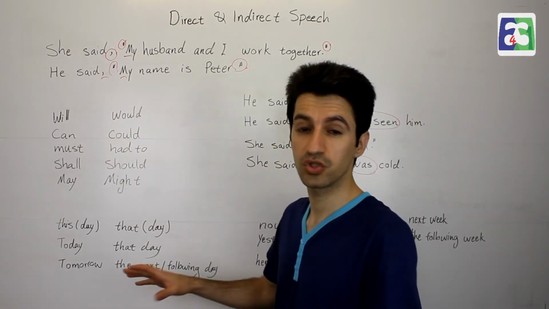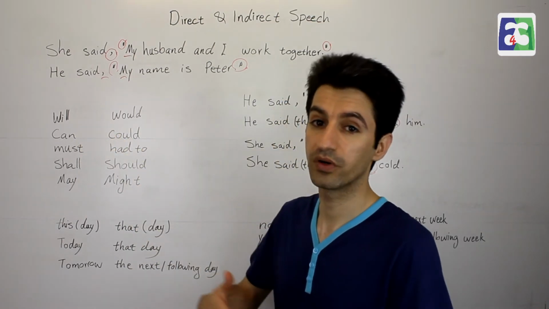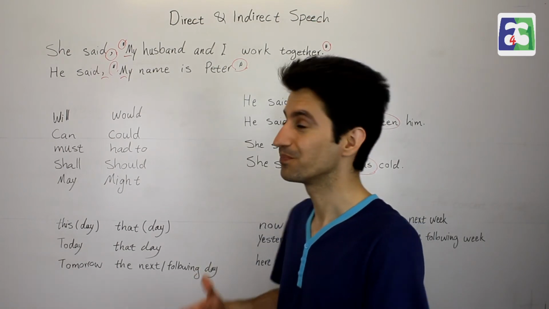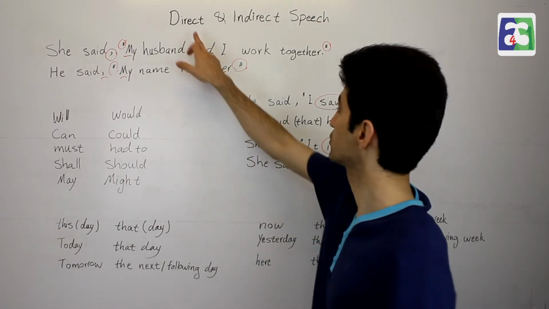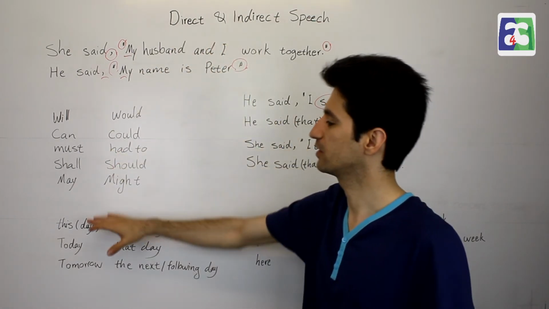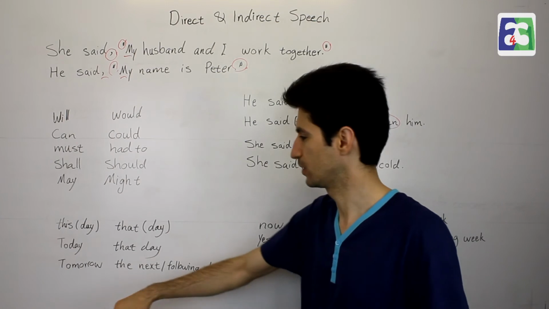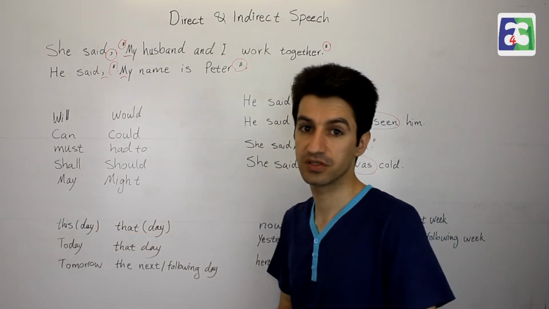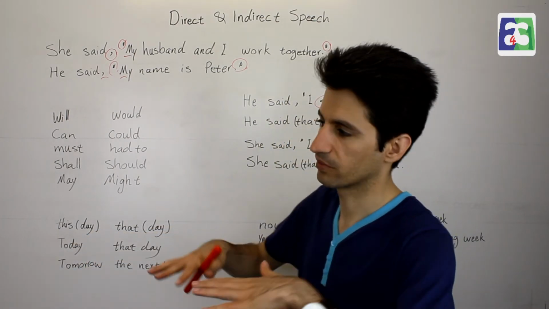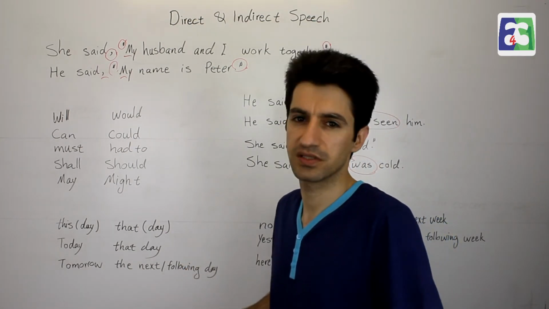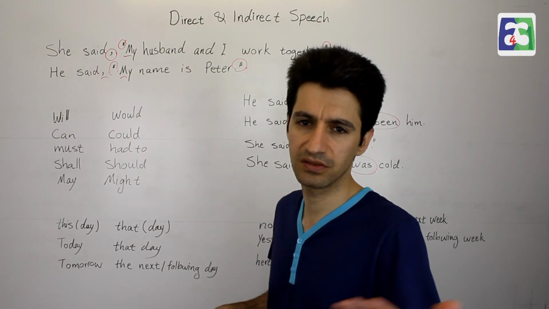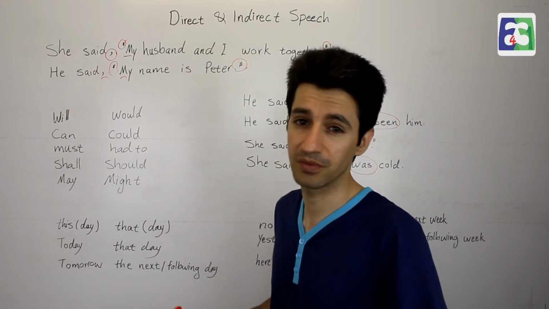And also there are some words that indicate the time or the place of the action in the sentence. So when I change the direct speech to indirect speech, I need to change those accordingly as well. So this day: the person is talking about today and mentions this day. Maybe this speech goes back to 10 years ago, some time ago, I don't know, maybe yesterday.